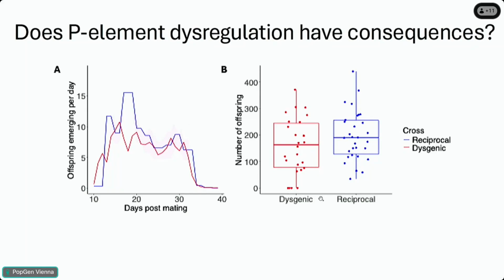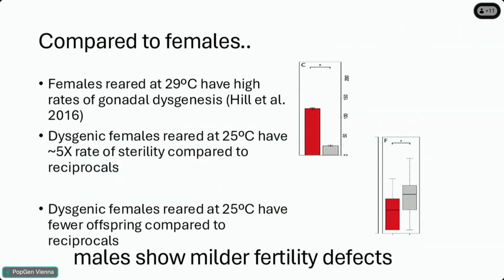So there is more sterility in these dysgenic flies, but overall, compared to females, the effects are very mild. When we do these same sorts of crosses and look at female fertility, the dysgenic females are here in red and the controls in gray.